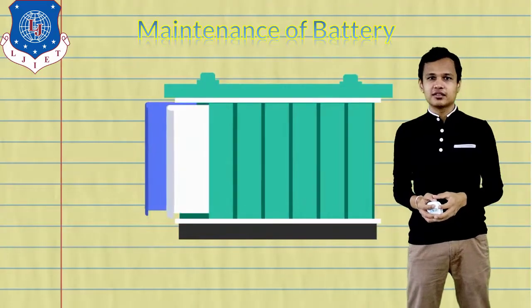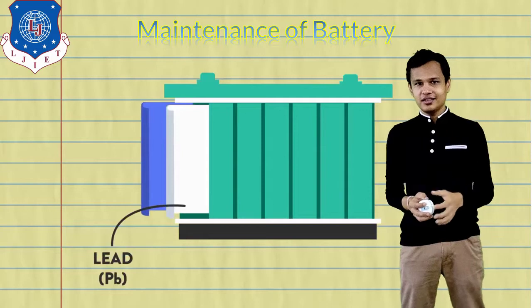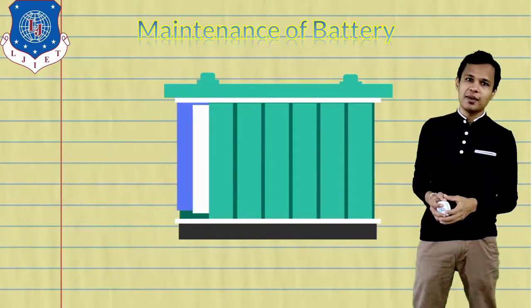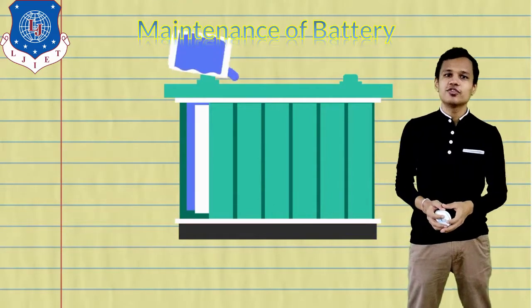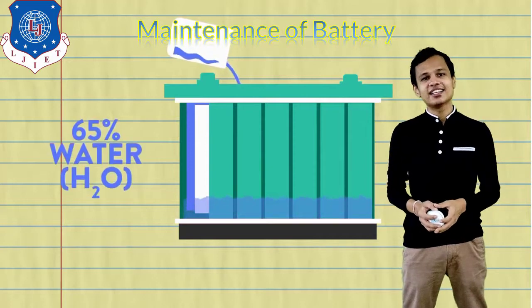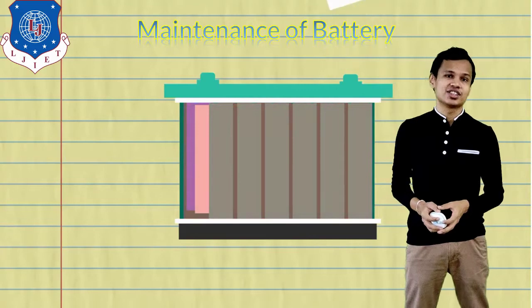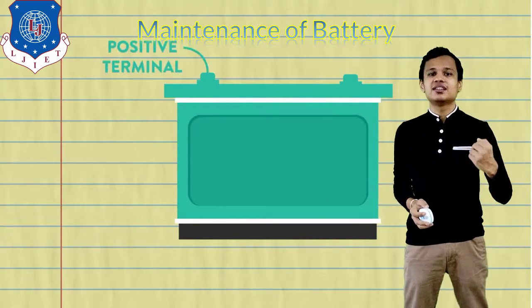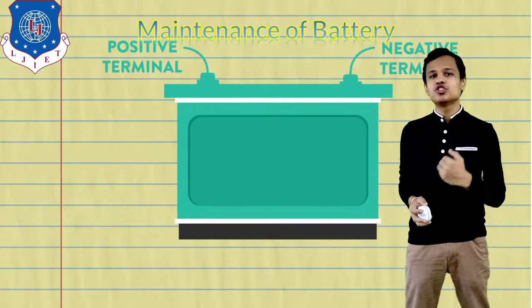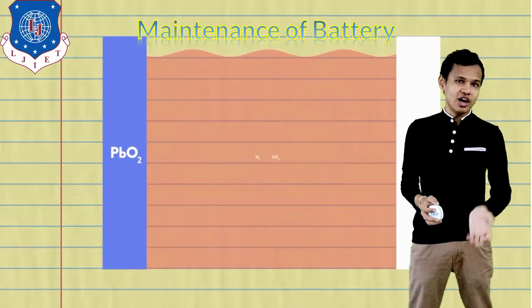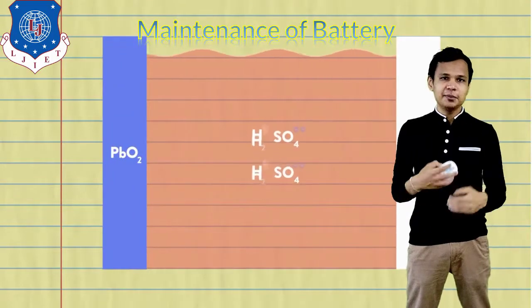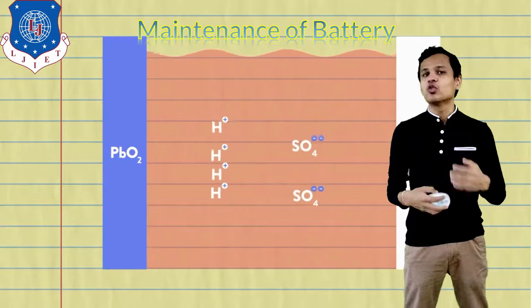After doing the spark service, the next thing is the maintenance of the battery. The maintenance of the battery is required at regular intervals or if the vehicle is kept in a steady condition. The battery generally discharges whenever we use the vehicle, but with the help of the alternator, the battery keeps charging itself and that cycle goes on.